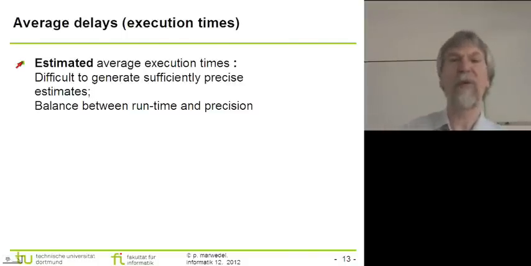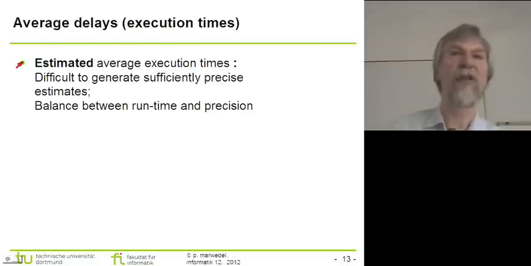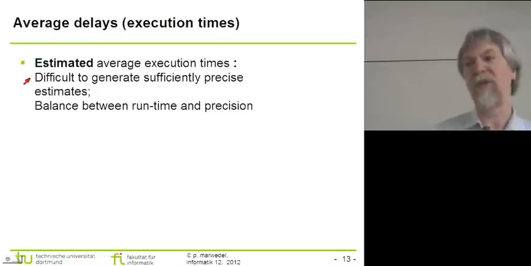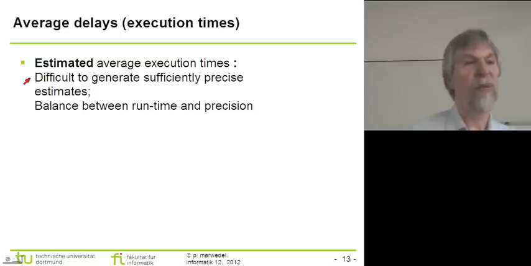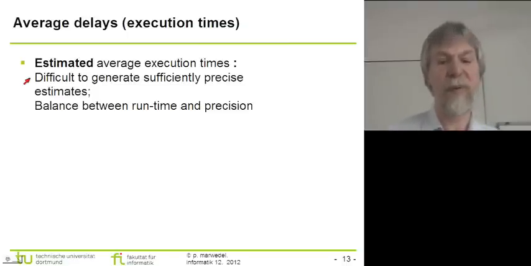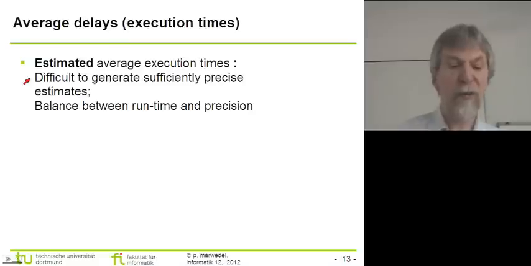That means that we could possibly try to estimate the execution time by just looking at the source code. However, this is a very imprecise method, because when we just look at the source code, we wouldn't really know how many assembly instructions we would need to implement the source code. So therefore, this technique is not very precise.